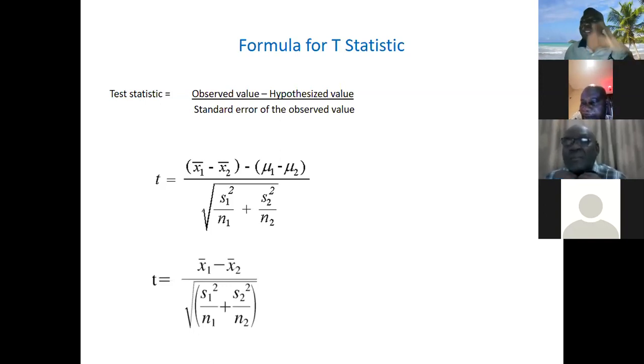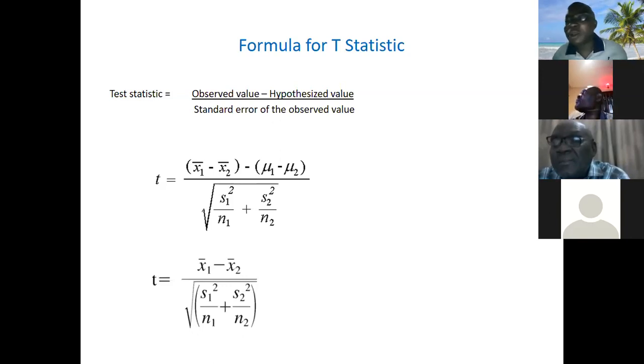Now, to answer your question properly, your research question is stated in two mutually exclusive statements. The first is the null, and the second one is the alternative hypothesis. The null hypothesis says there's no difference or no association between this variable and that variable, for example no association between blood pressure and age, or blood pressure and salt intake.